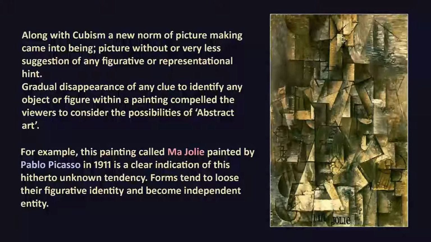Now, as we have seen, along with Cubism, a new form of picture making came into being in the very early part of the 20th century. And we have seen that those paintings carried very little suggestion, or no suggestion at all, of any figurative or representational hint.